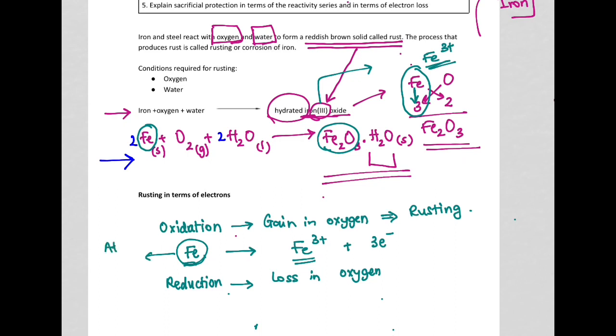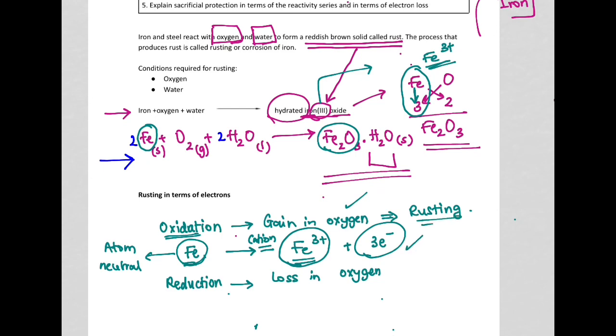This is an atom, which is neutral, and it has formed a positively charged substance, so it is a cation. A cation is formed by loss of electrons. So these are the electrons that have been lost. So in the oxidation of iron, you have the gain in oxygen and you have the loss of electrons.